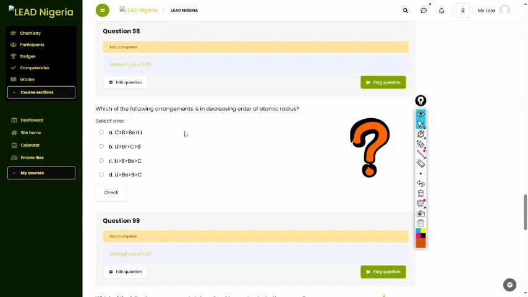And as the number of shells increases, the last shell is farther away from the nucleus. And the atomic radius measures the distance from the nucleus to the outermost shell. So as we keep increasing the period and increasing the number of shells, that increases the distance between the nucleus and the outermost shell.